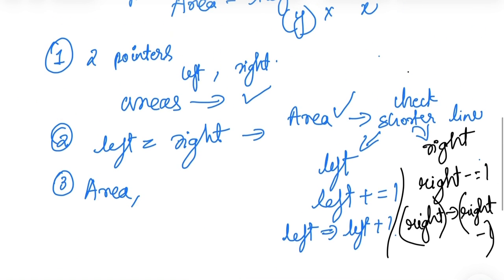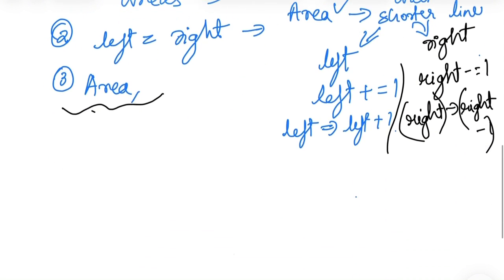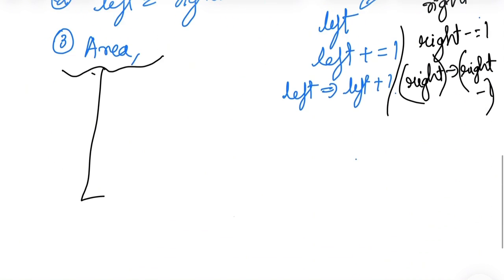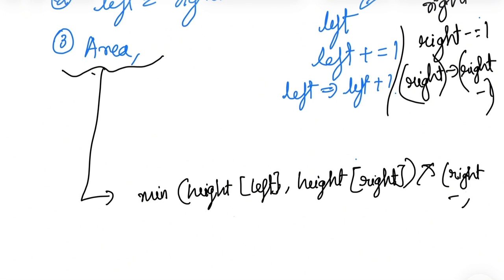Now the most important part is finding the area. How do we find the area? We use the formula minimum of height of left, comma, height of right, into right minus left.